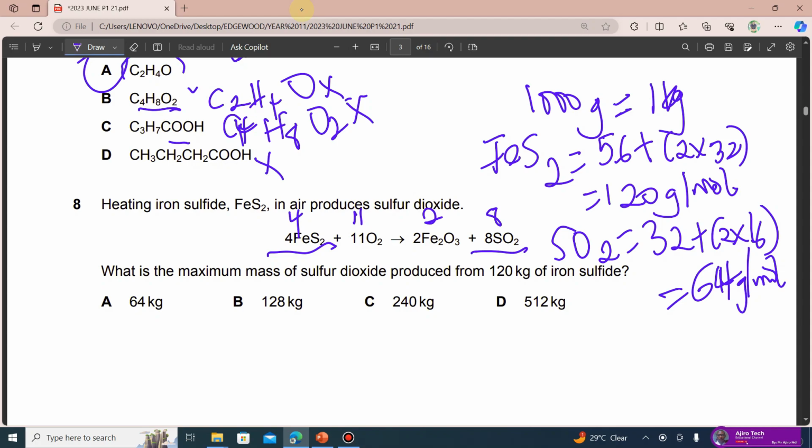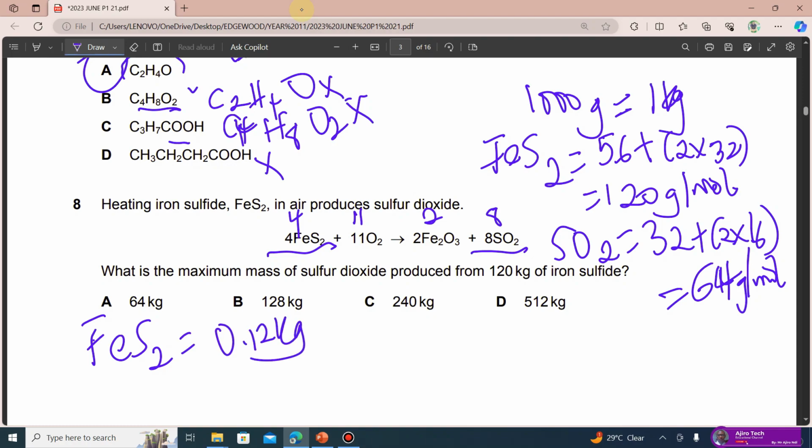Now that we have the molar masses of the two compounds, since we are working in kilogram, the next step is to convert them to kilogram. Converting 120 grams to kilogram is 120 divided by 1000, so the molar mass of iron sulfide is 0.12 kilogram.